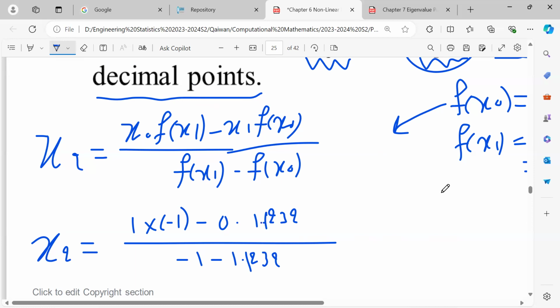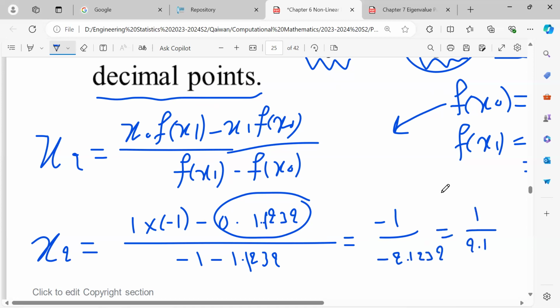We now calculate this and get a value for x2. This becomes 0, as 0 times any value is 0. We get -1 dividing by -2.1232, which is 1 over 2.1232.